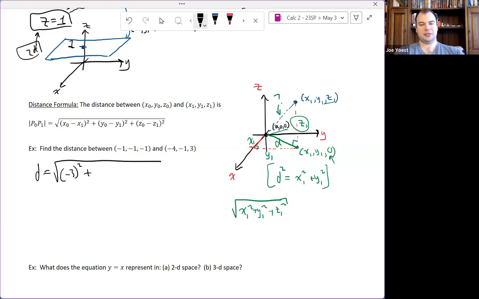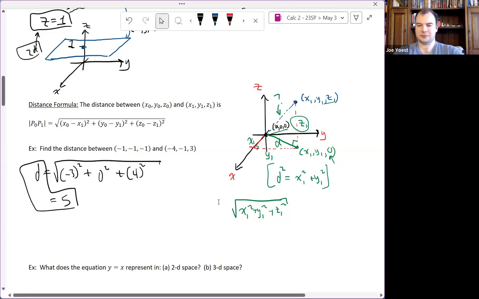The difference in the y's is 0, squared. The difference in the z's, 3 minus -1, 3 plus 1, is 4, squared. So this is 3 squared plus 4 squared, 25. The square root of 25 is 5. So the distance between these 2 points is 5 units.